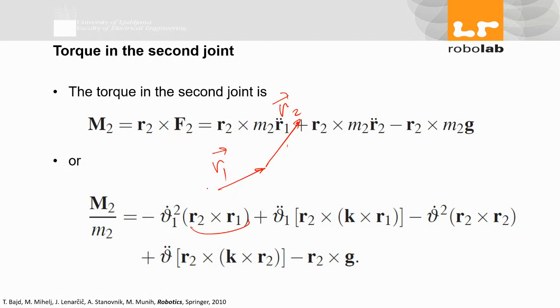The angle between these two, this one was theta 1, this one was theta 2. So the angle between them is theta 2.